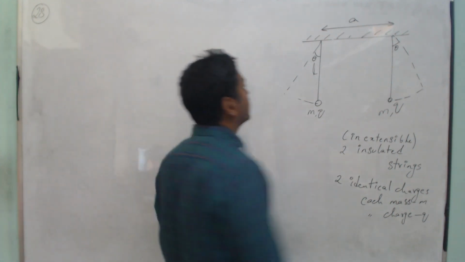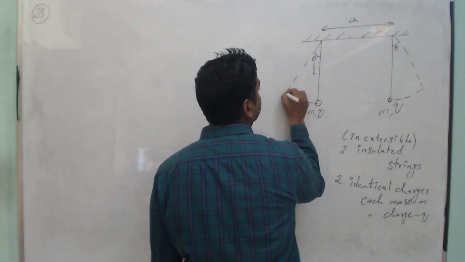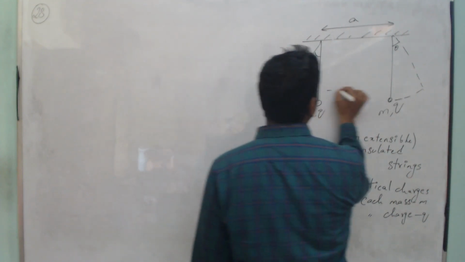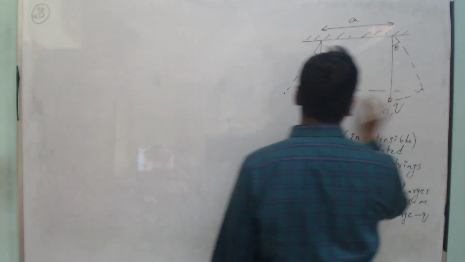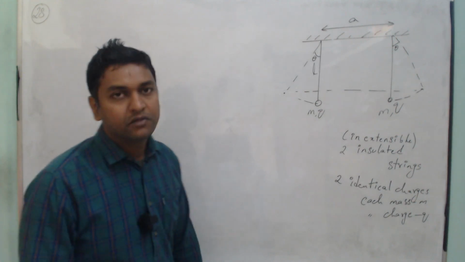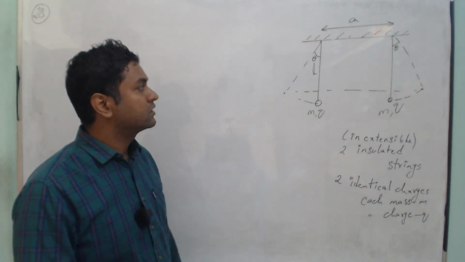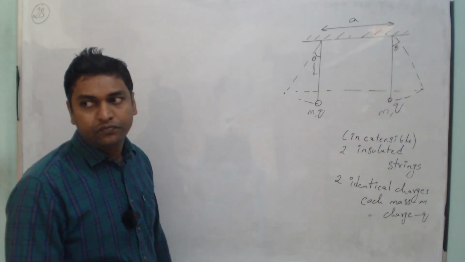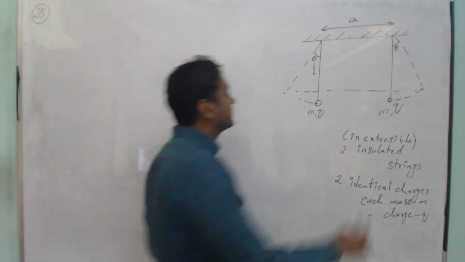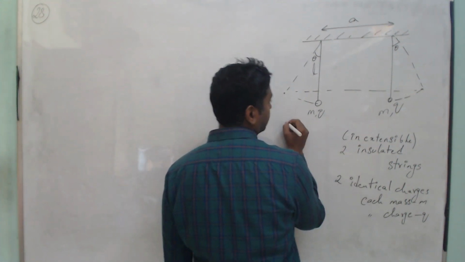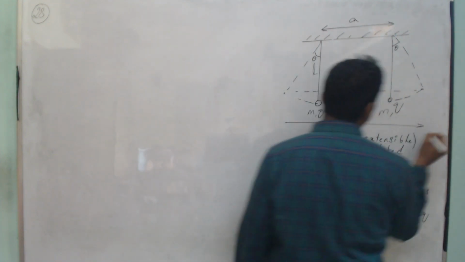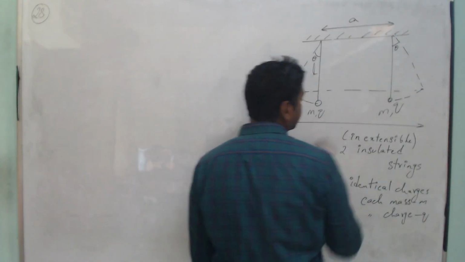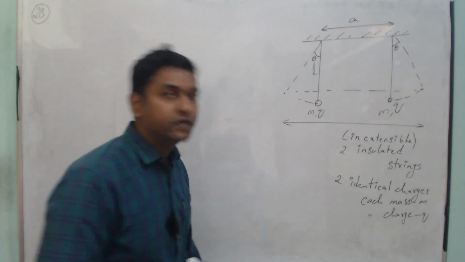Now, let us understand what is the distance between them. This is important, because from electrostatics only I'll get the electrostatic force. So let the distance between them be 2b.